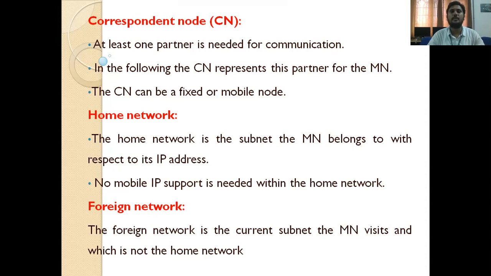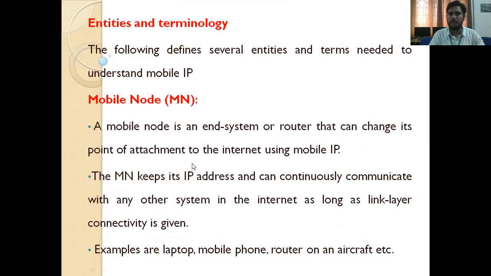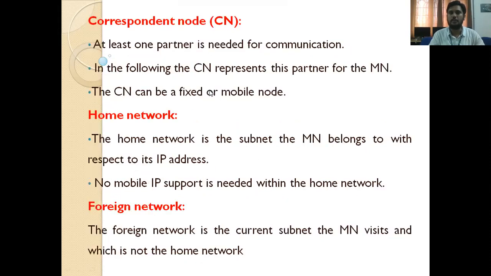The correspondent node may be either fixed or movable, but the mobile node is the wireless, movable one. So please notice, the mobile node is the end system and the correspondent node is the initial data transmission node.